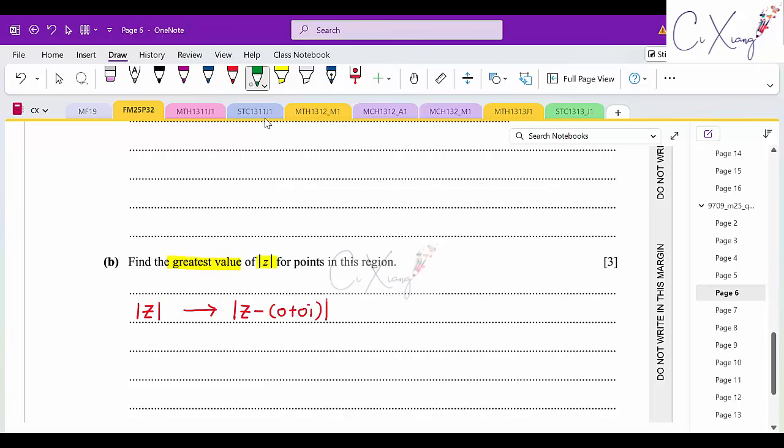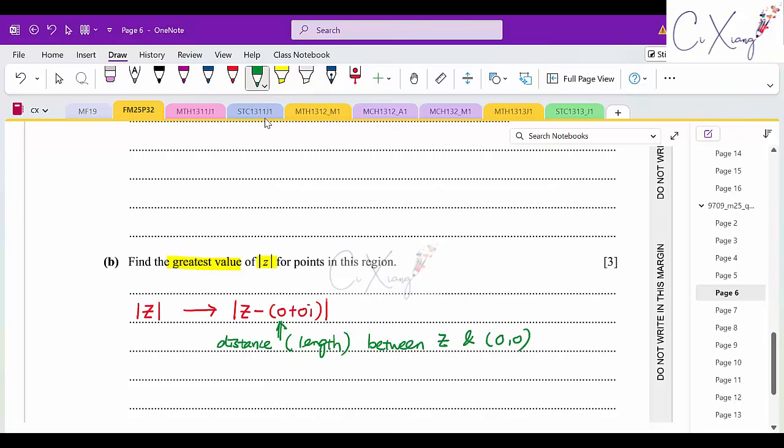So what is the meaning of this expression? Modulus means distance or length. So z minus (0 plus 0i) means the distance between the point z and the point (0, 0).